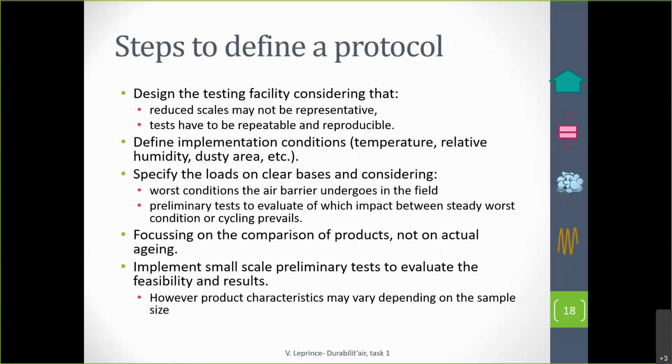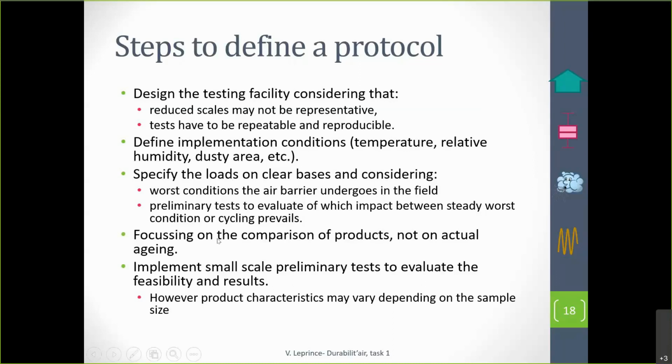You have to clearly define the implementation conditions of the air barrier: temperature, relative humidity, dusty area, etc. You have to specify the loads on a clear basis, considering the worst conditions the air barrier undergoes in the field, and make preliminary tests to evaluate whether the worst case is a steady state or the cycling that prevails.